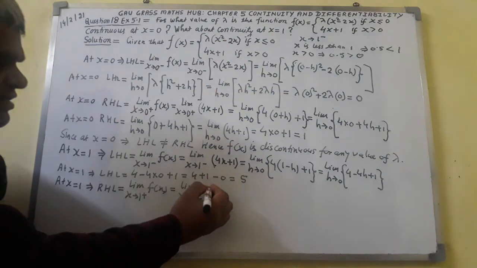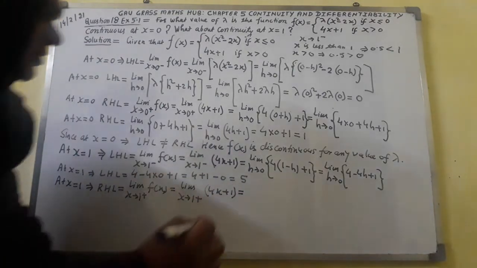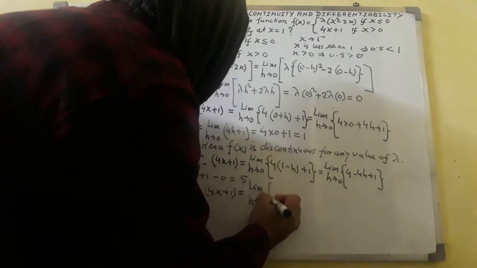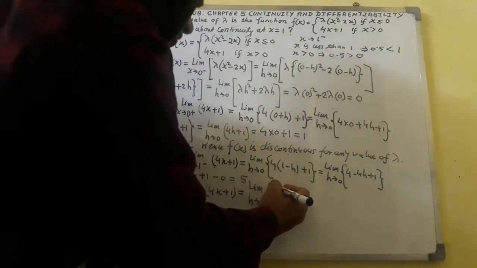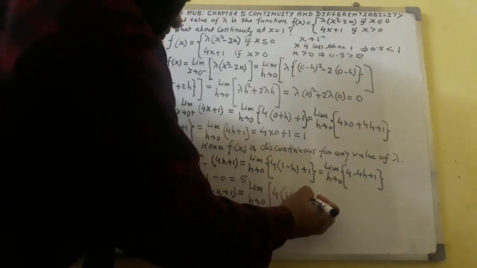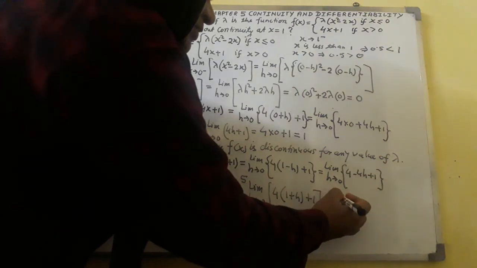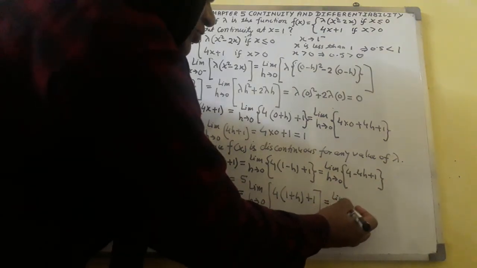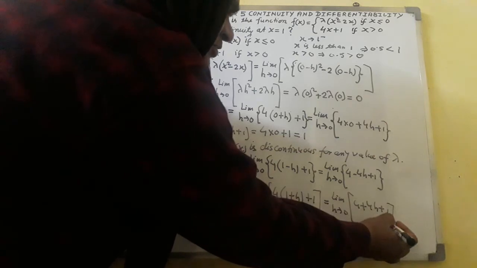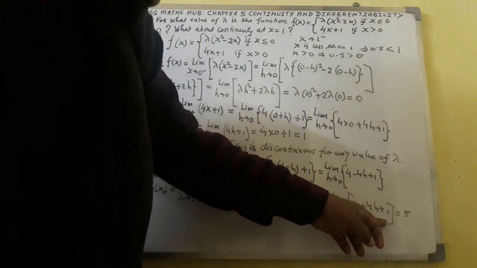So here I shall write 4x plus 1 equal to lim h tends 0, open a big bracket, 4, in place of x, I shall write 1 plus h, plus 1, equal to lim h tends 0, 4 plus 4h plus 1, which comes out to 5. 4 plus 1 gives 5.